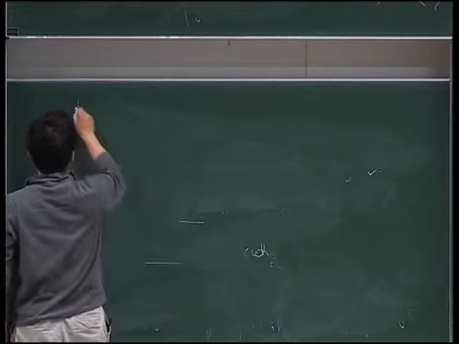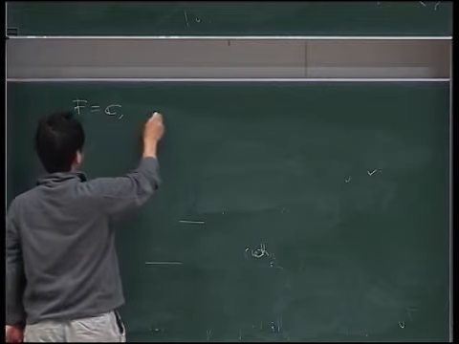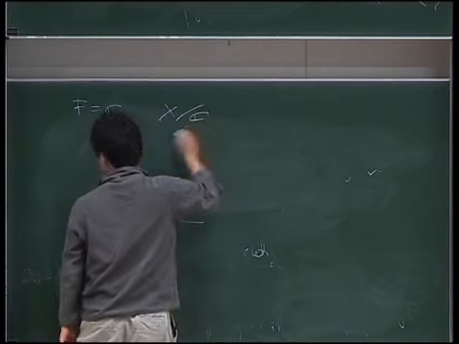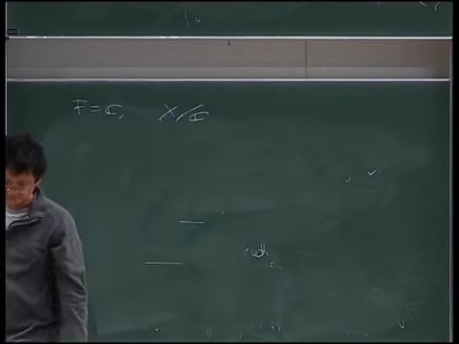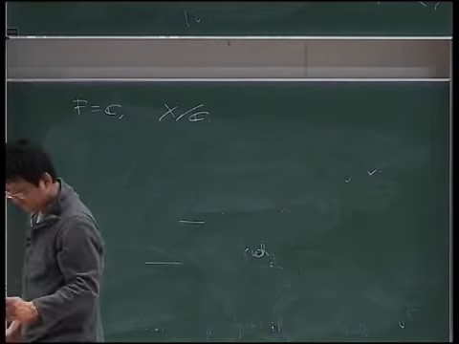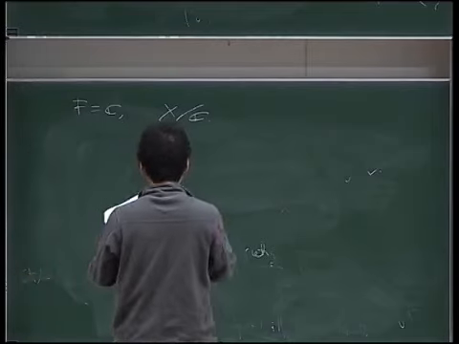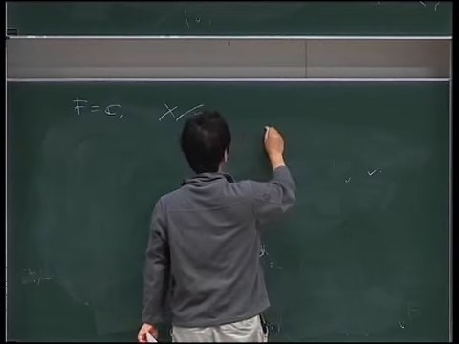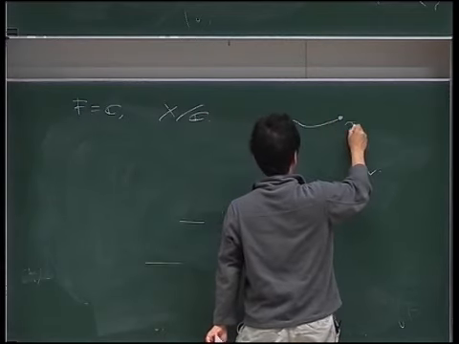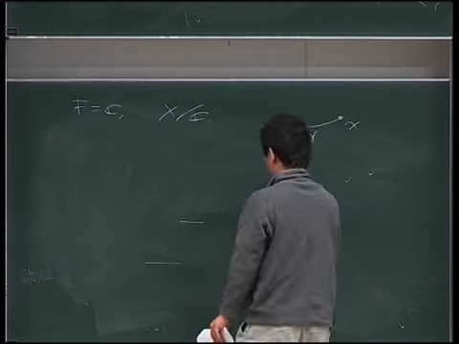If you did this over C, if F equals C, so that you started with a variety over C, and then you have your point B, and suppose you actually had a topological path gamma from B to X. Right?